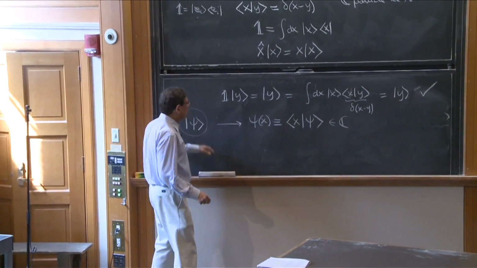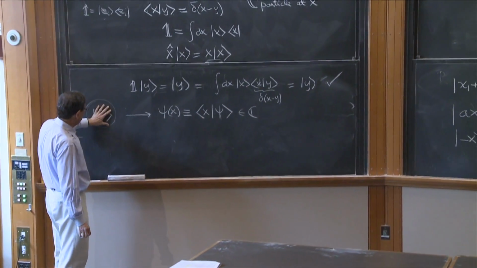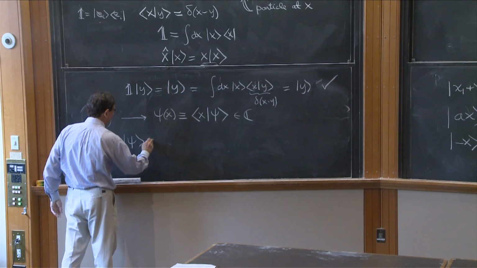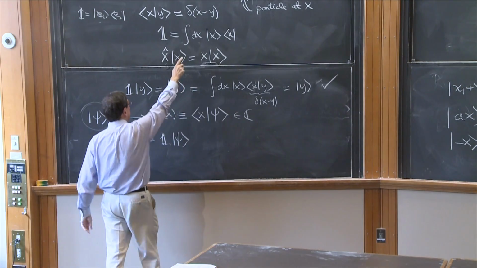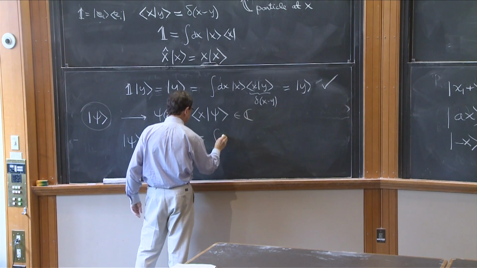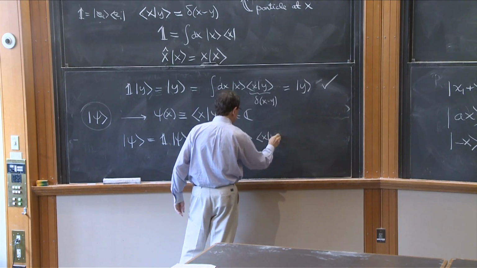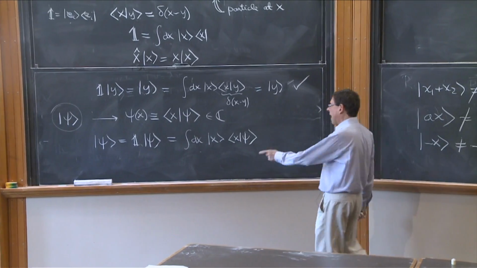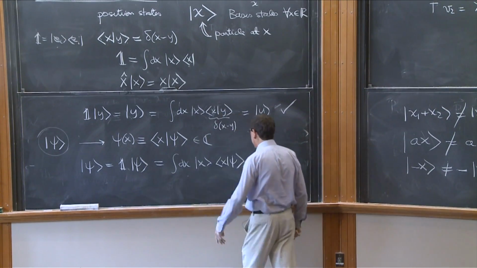And now that you're armed with that, you can even think of this in a nicer way. The state |ψ⟩ is equal to 1 times |ψ⟩, and then use this formula. So this is the integral dx |x⟩⟨x|ψ⟩. And again, the bracket notation is quite nice because the bra already meets the ket.